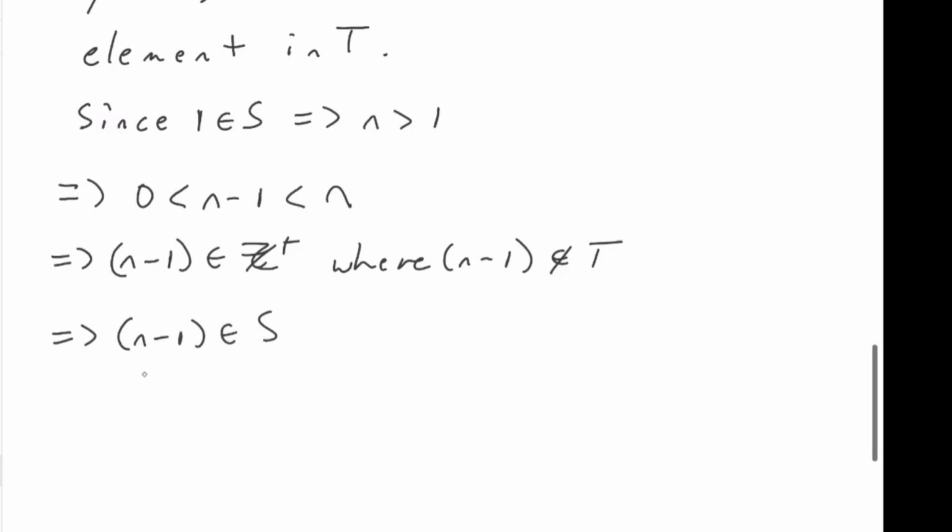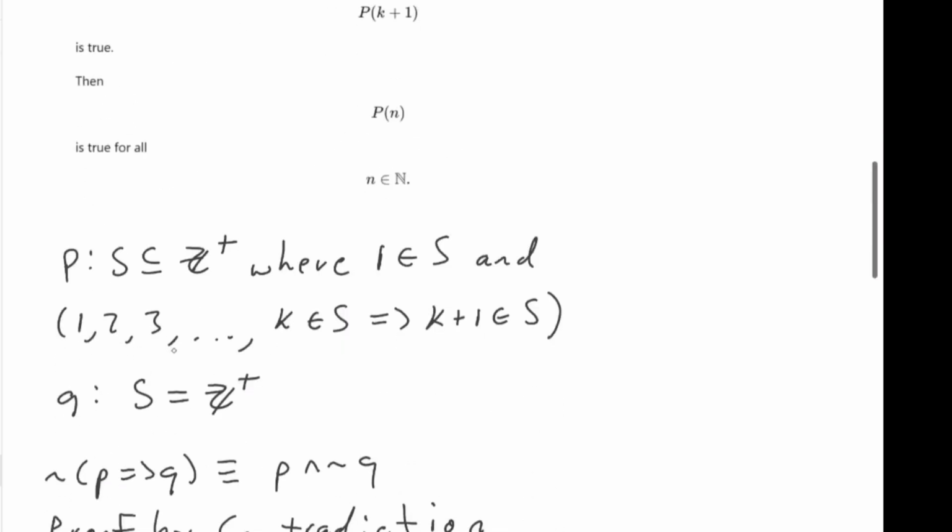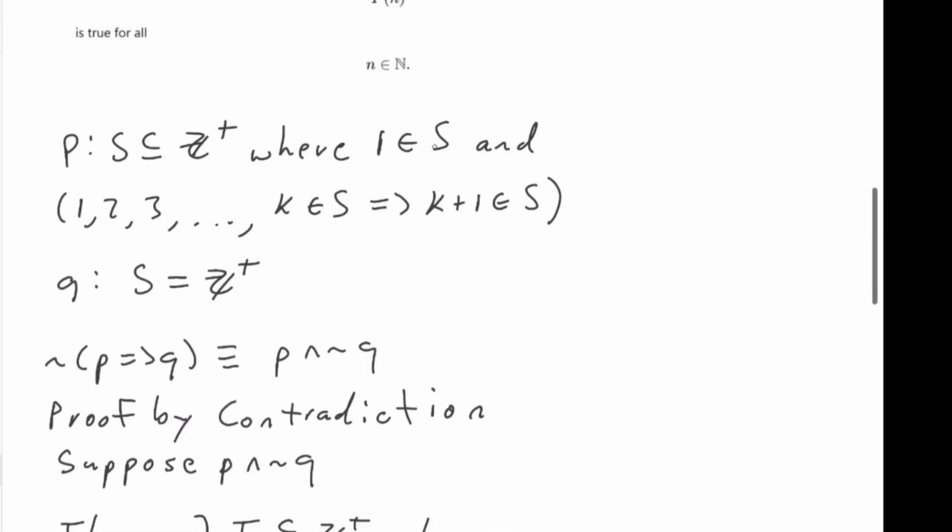So we do have that, remember, 1 is an element of S, and all of these are elements of S, right? And for any element that's in S, that element plus 1 must also be in S, right?